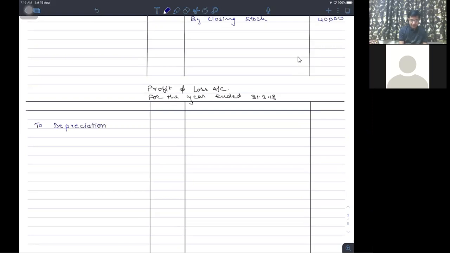No need to show the calculation again. If there are multiple assets, then in that case you can show this amount separately for each asset. All right.